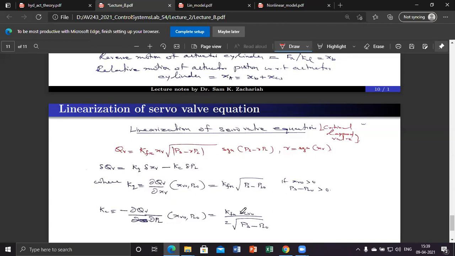This is under the square root, so KFN XV0 divided by 2 square root of PS minus PL0. Then we differentiate with respect to PL, and one negative sign will come, isn't it? That negative sign is absorbed by the negative sign given, so it comes out positive. If you simply take the partial derivative of QV with respect to PL, you would have got minus KFN XV0 by 2 square root of PS minus PL0.